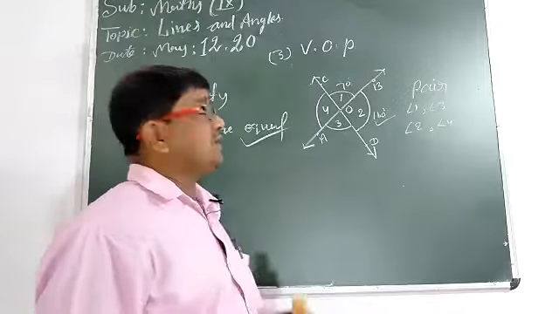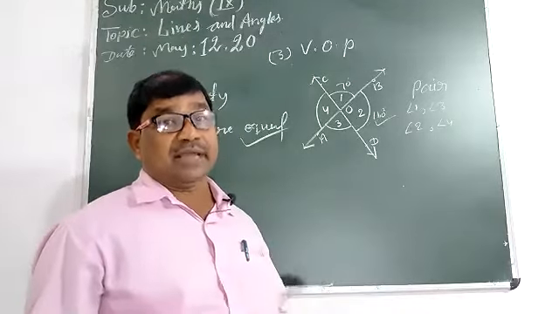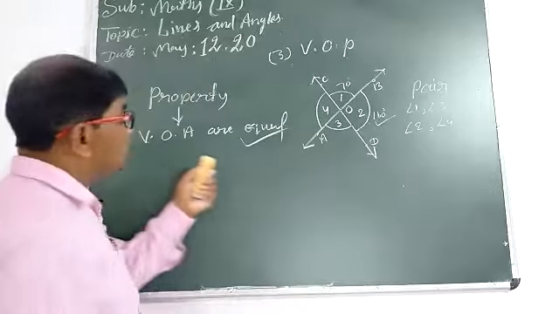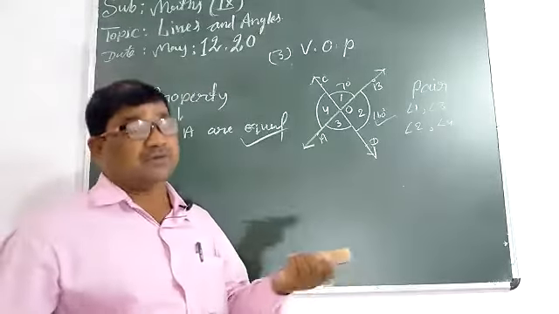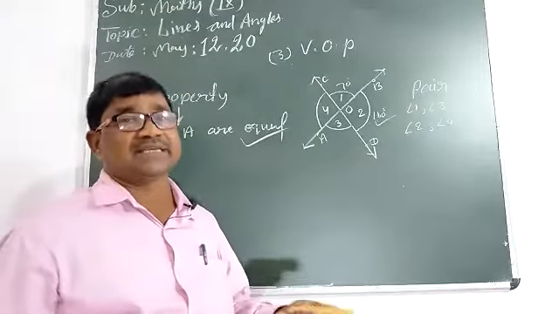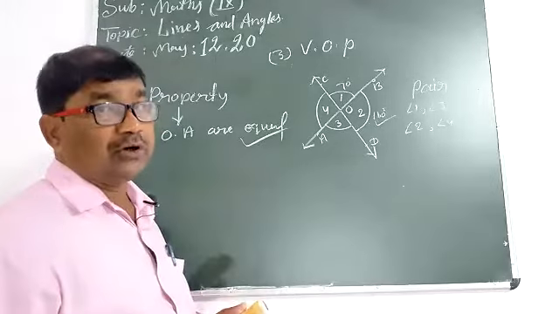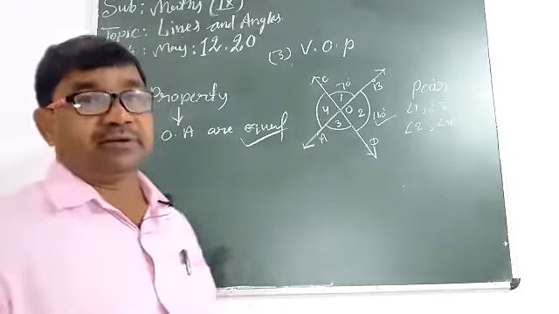In this type of problem, if one angle is given and you need to find another, then you should remember this. That is called the formula, a major statement. We will go into that theorem also and try to prove it.